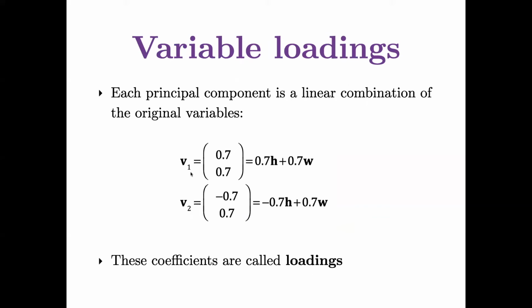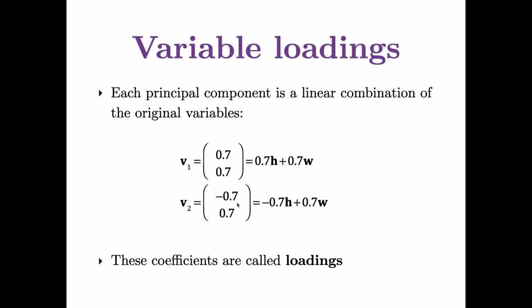Okay, so V1 was a vector pointing in a direction, and that direction was 0.7 height plus 0.7 weight. Why is it 0.7? Well, because this is a unit vector, so it was the direction (1, 1), and I've normalized it by dividing by the square root of 2. And V2 pointed in the direction of (-1, 1).